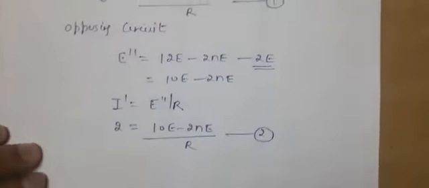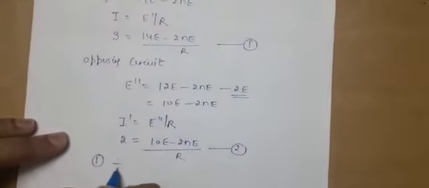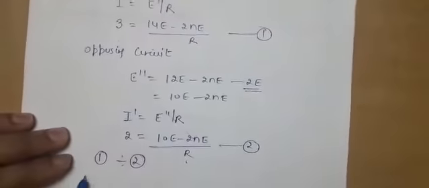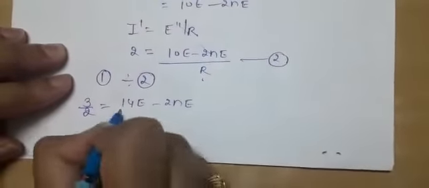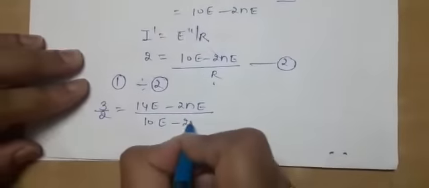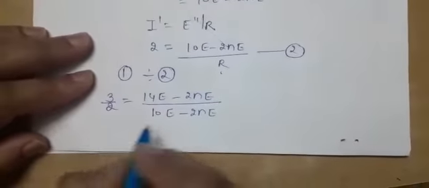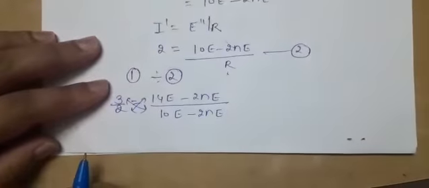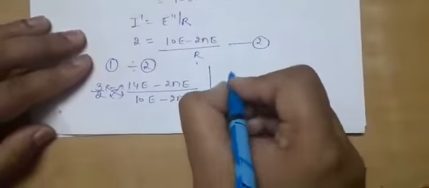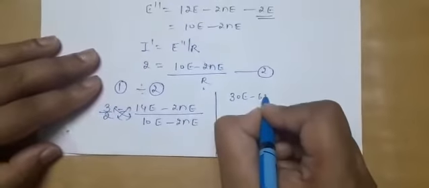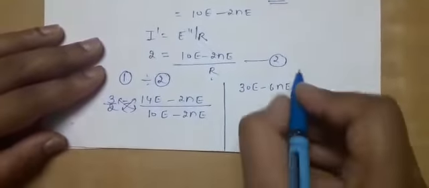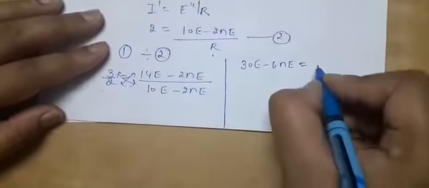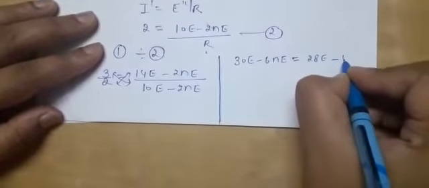Now you have got these two equations. What you will do is simply divide these two equations. Here R will be cancelled out. 3 by 2 is 14E minus 2NE upon 10E minus 2NE. Now cross multiplying, you get 30E minus 6NE equals 28E minus 4NE.